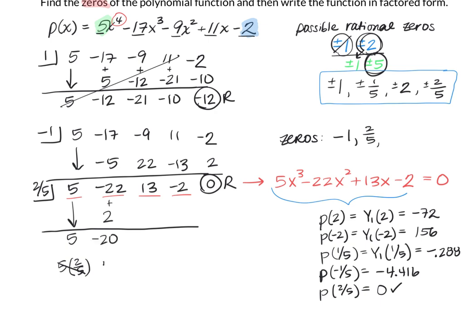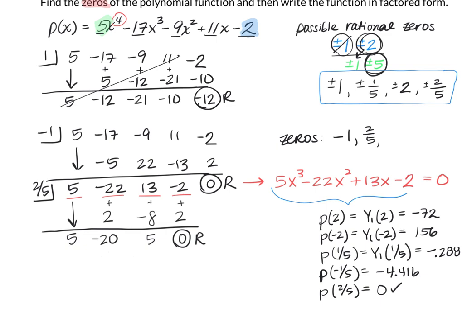So now you're multiplying negative 20 by 2/5. So 5 divides into negative 20, negative 4 times 2 would be negative 8. Add straight down, we have 5. 5 times 2/5, we already said was 2. And add straight down, and sure enough, we get a remainder of 0, just as we thought we would, since 2/5 is a 0.